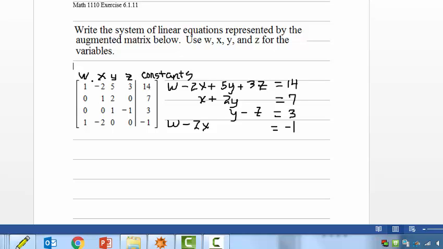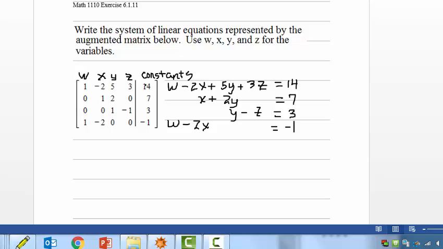Since w was listed first, the first column represents the coefficients of w. Since x was listed second, the second column of the matrix represents the coefficients of x. Since y was given third, the third column represents the coefficients of y. And since z was given fourth, the fourth column represents the coefficients of z.